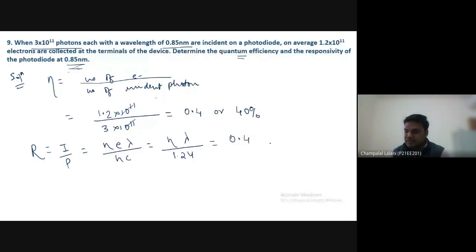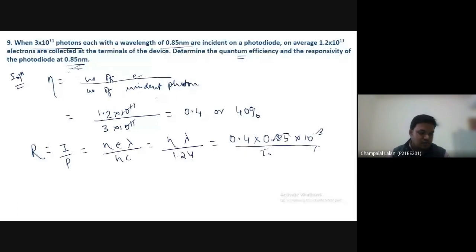Ramandeep has given the answer. Yeah, Ramandeep, your answer is correct. Into wavelength lambda, 0.85 into 10 raised to power minus 3 upon 1.24.